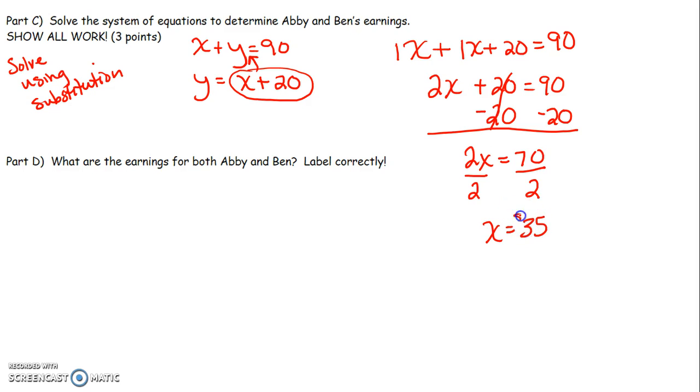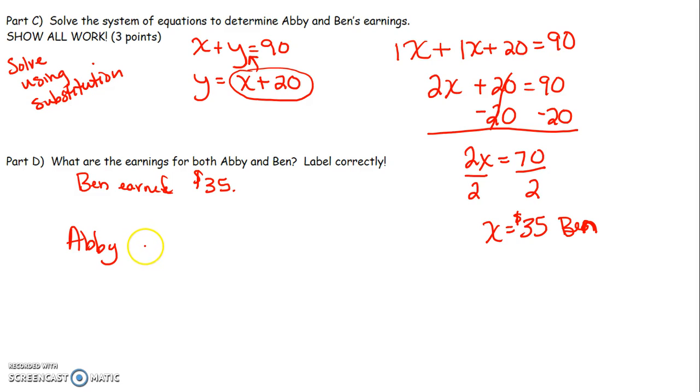So that means Ben earned $35, because we called Ben x. What was the earnings for both Abby and Ben? Right now I can tell you Ben earned $35. Label correctly: they want to know Ben earned, and then a dollar sign with the 35. Let's find Abby. To find out how much Abby earned, we know she earned 20 more than Ben.